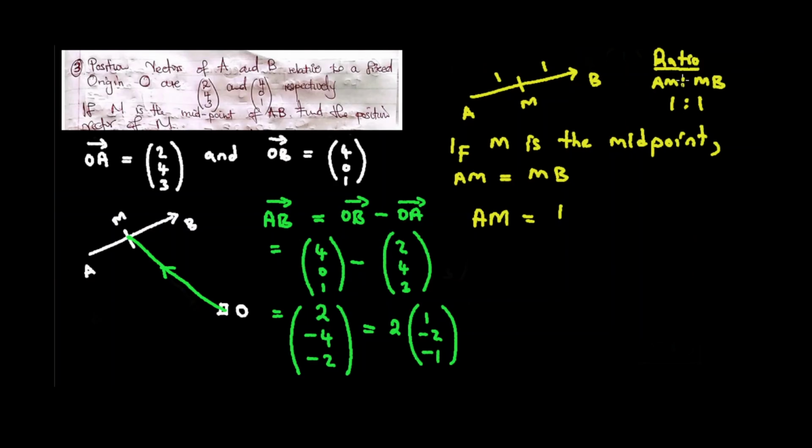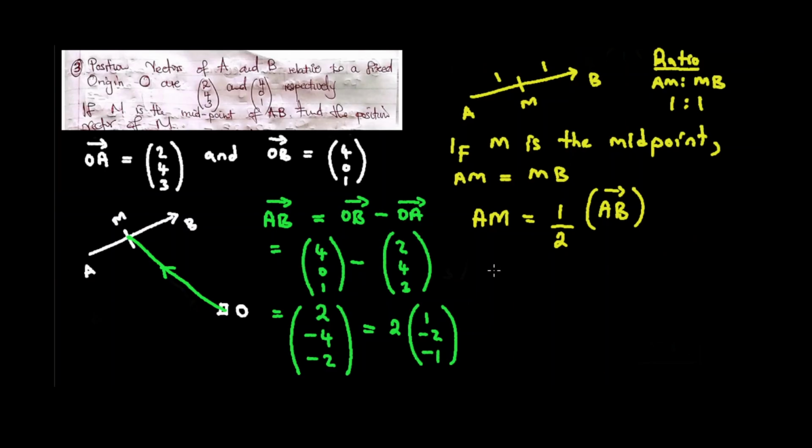What is the total ratio? 1 plus 1 is 2. So AM is equal to half of AB. That is what it means. AM is equal to half of AB because the share of AM is 1 when the total ratio is 2.